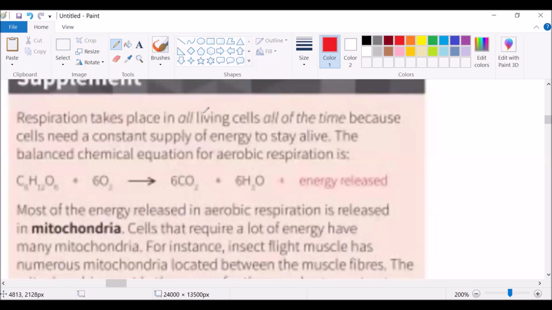Respiration takes place in all living cells, be it plants or animals, and it takes place all the time because cells need a constant supply of energy to stay alive.